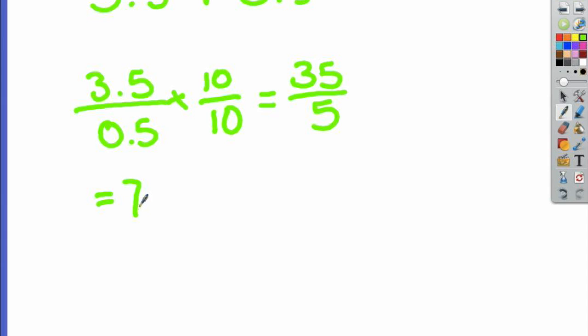Because that would be like saying this. That doesn't work. So you want to get that to a whole unit, and in order to get rid of that fraction, you multiply by 10 to get it to the whole. So if your bottom number is in the hundredths place, what would you multiply by to get it to a whole?